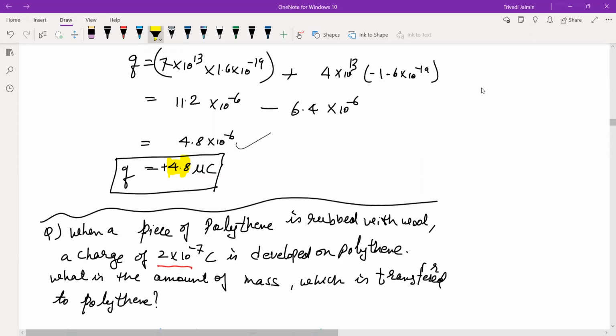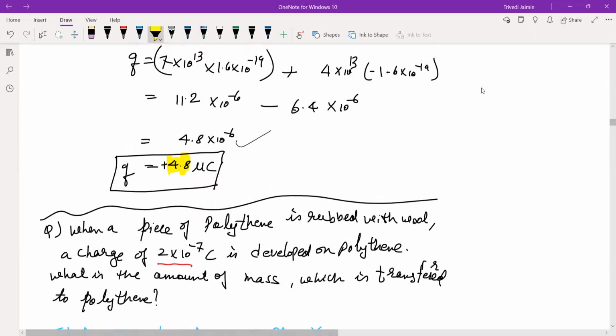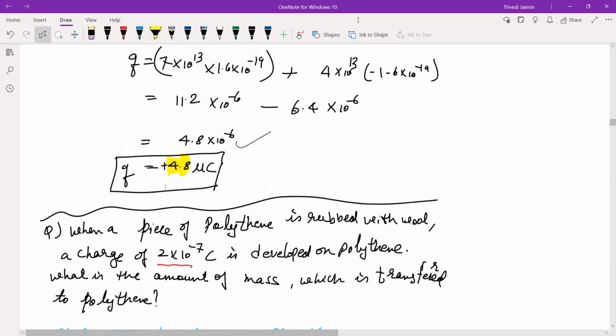Any idea you're getting? So can you tell the value of the mass of electron? Mass of electron is 9.1 into 10 to the power minus 31.